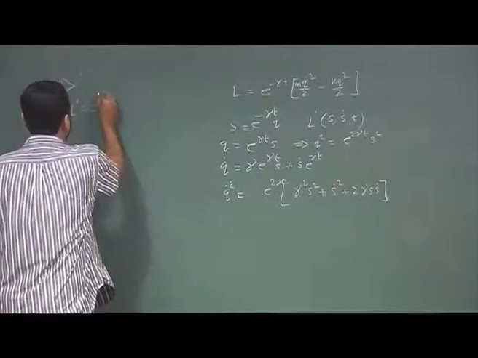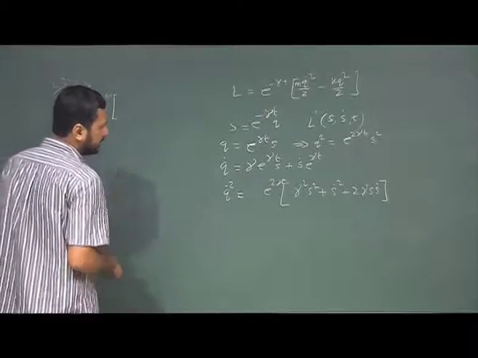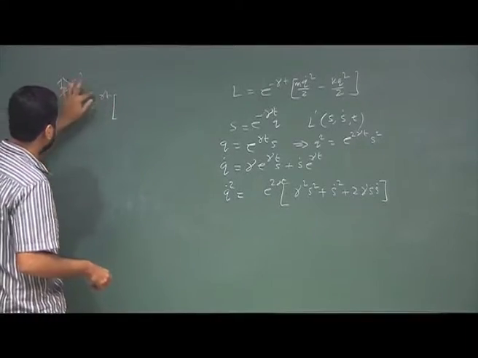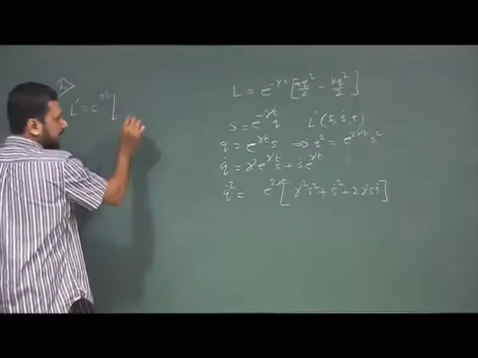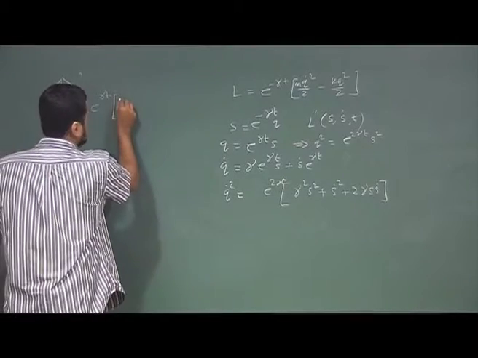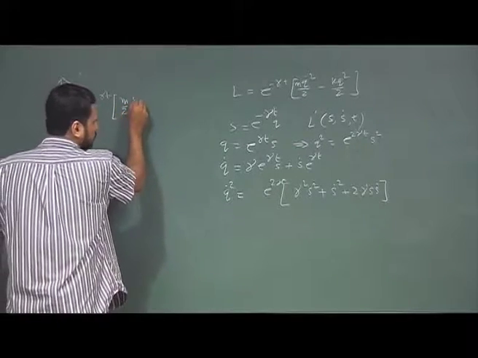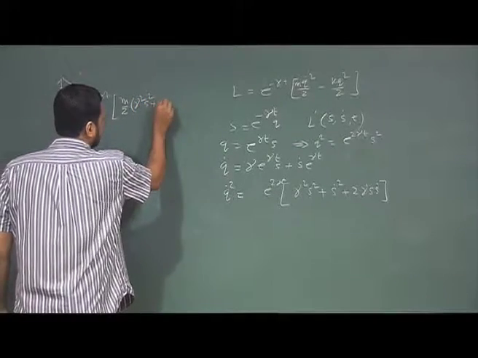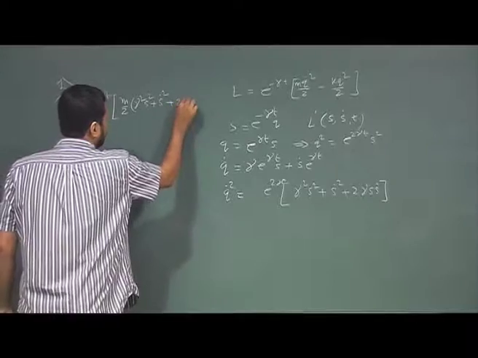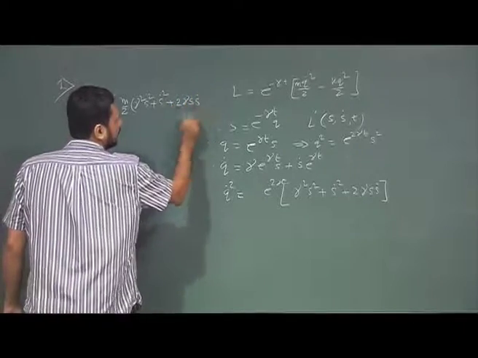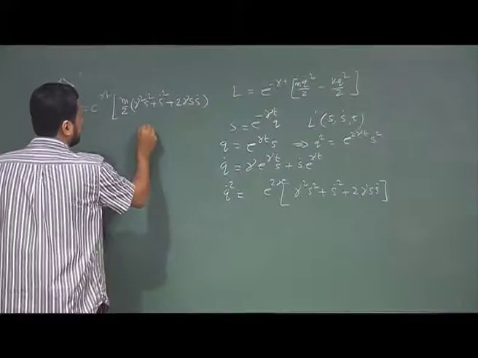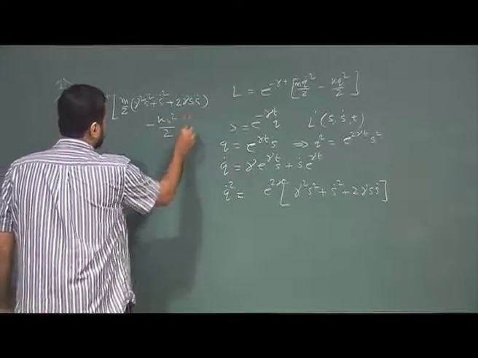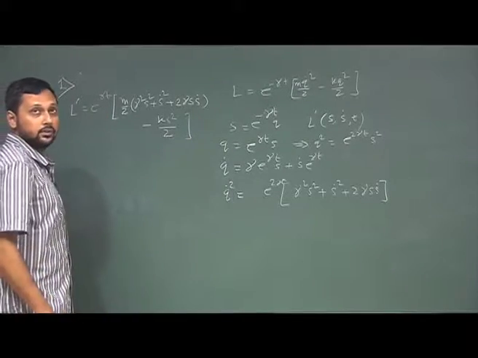Inside we will have m by 2 times gamma square S square plus S dot square plus 2 gamma S S dot, that is the first term, minus k S square by 2. So, this is your L prime.